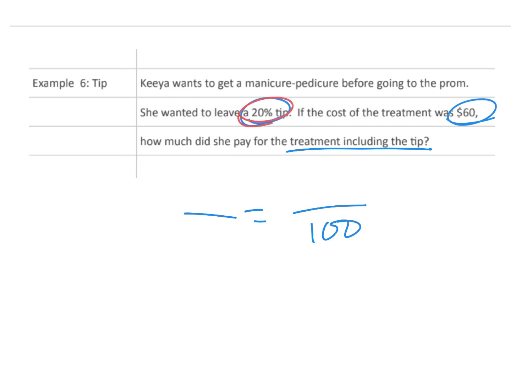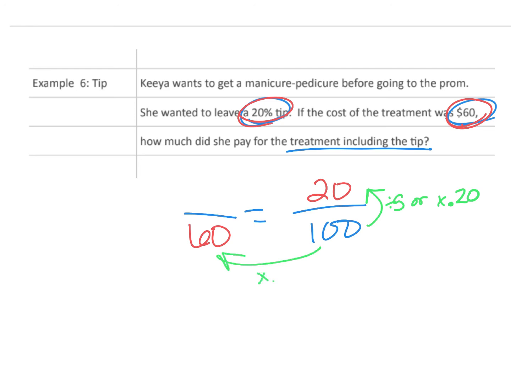So a 20% tip, that's going to go over the 100 because that's our percent. The total cost of the treatment was 60. That's going to go on the bottom. That's not how much we're tipping, it's the cost of the treatment. If we go this way, I can divide by 5, or I can multiply by 20 hundredths or 2/10. If I go this way, I can multiply by 6/10.